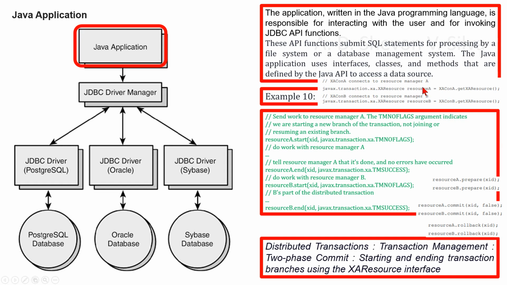Here XA-con A connects to resource manager A. Here XA-con B connects to resource manager B.